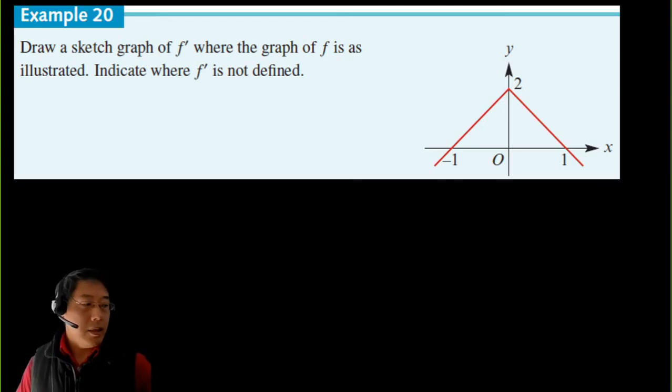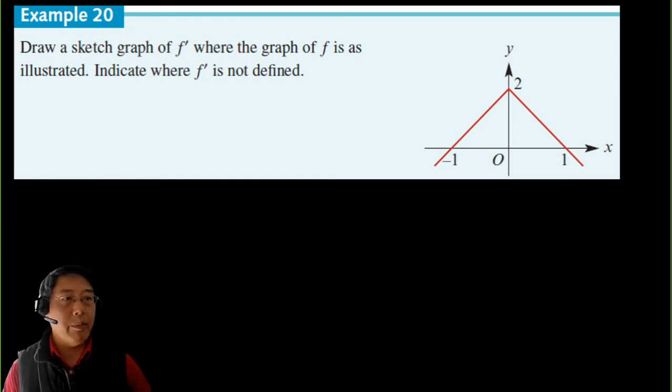Alright, I'll probably use paper for that. I'll use the overhead camera. So you have your function here. By the way, it's a hybrid function. For specialists, it's a modulus function.